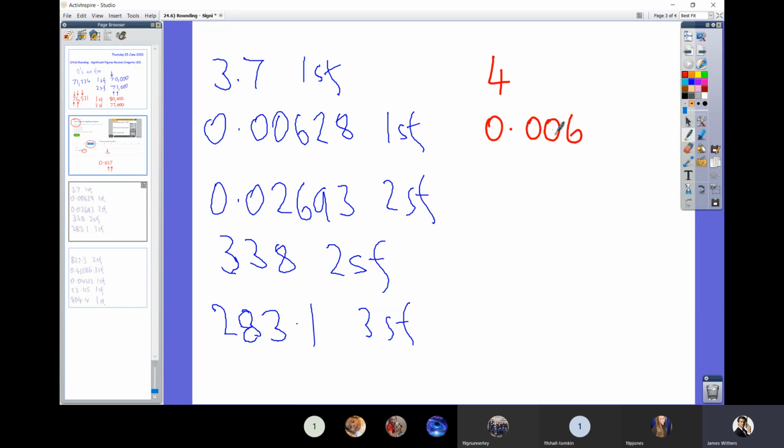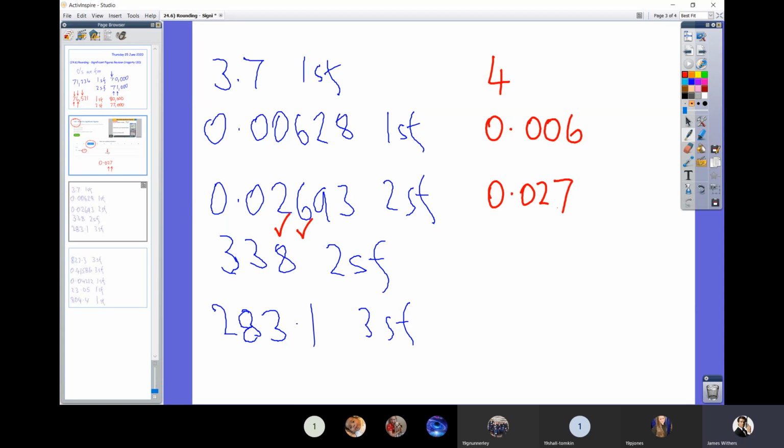We do need these zeros to get the 6 in the appropriate column, but one significant figure, one number that's not a 0. Now, two significant figures. There's my first, there's my second. Do I round that second one up? Yes, I do, because that is a 9. So it's going to be 0.027.